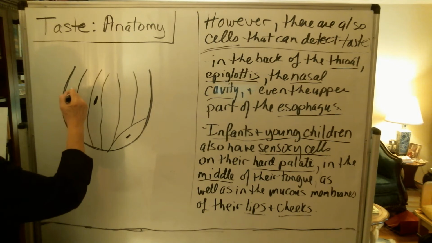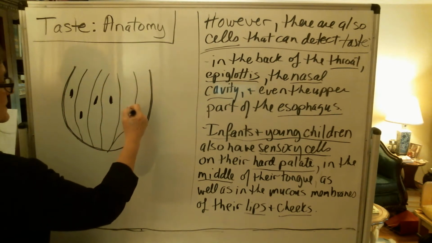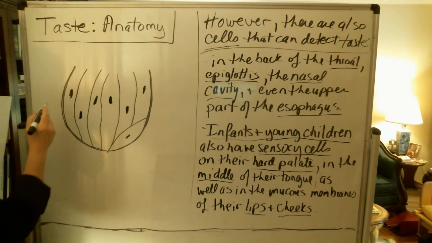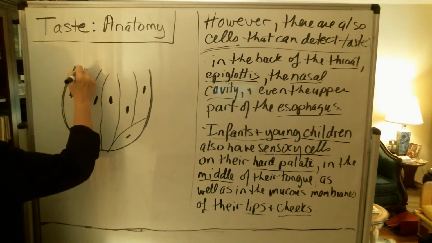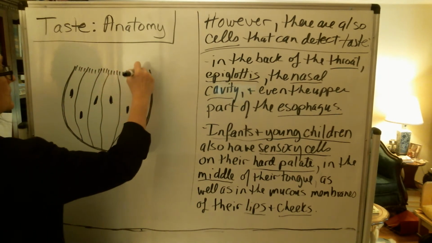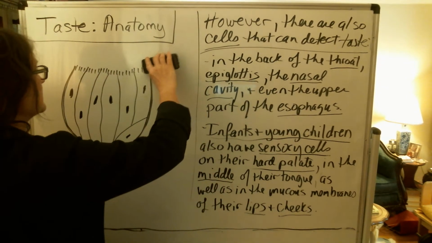And these are all going to have nucleuses because they're cells, of course. So here we have nucleuses. And here we have a bunch of hair-like extensions up here. And the whole thing slopes a little bit.